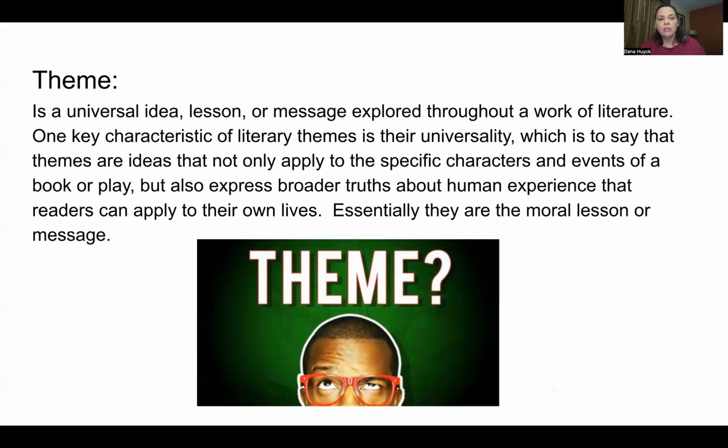Essentially, they are the moral lesson or message. So you just need to keep in your mind that the theme is what the author wants you to learn or come away with after reading their story.